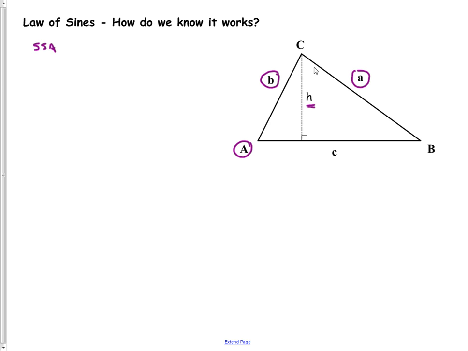If I were to draw a perpendicular from vertex C down to the base of the triangle, which is along side C, what could I tell?